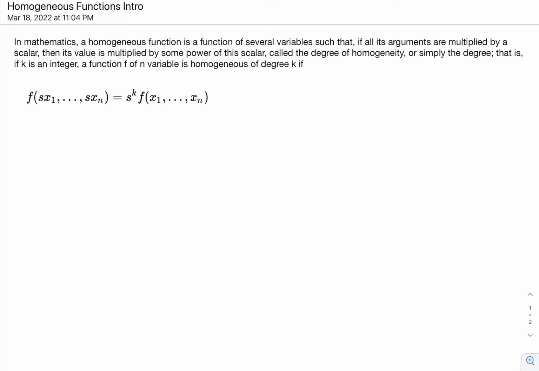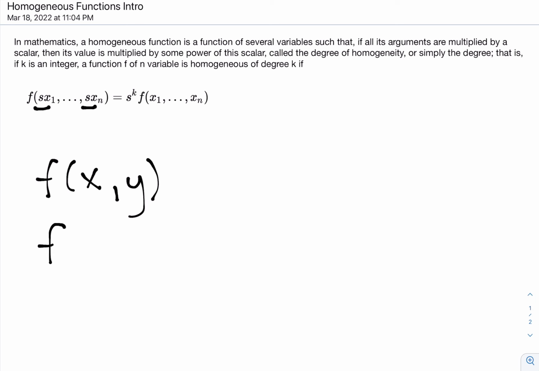So imagine we have a function f of x, y, and they used x1 through xn, which I don't love. But all they're saying is, let's say we multiplied each component of the function by some scalar s. It's not a vector, it's a scalar. We're multiplying each component, x and y, by some scalar.